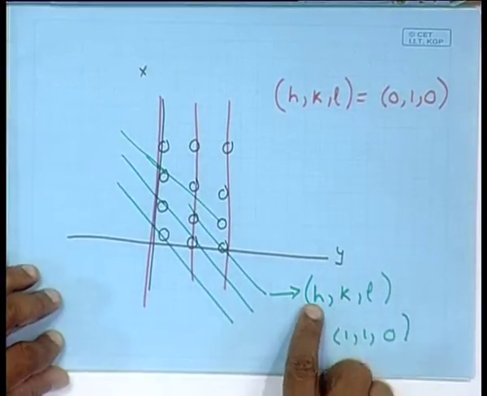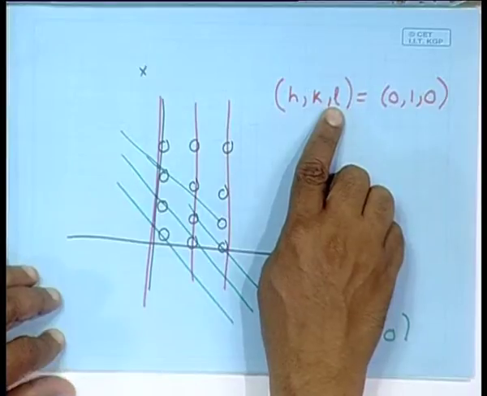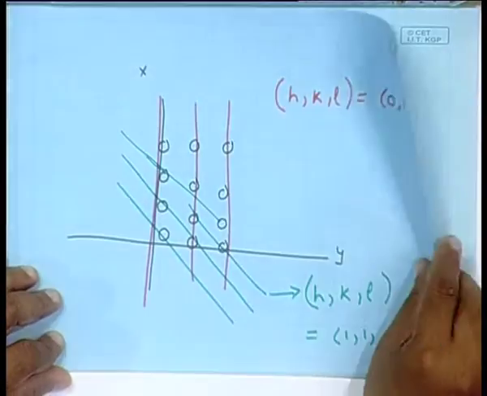So, corresponding to different sets of integers h, k and l, I will get different planes which can be drawn through this crystal, and this crystal that we are considering is a cubic lattice.